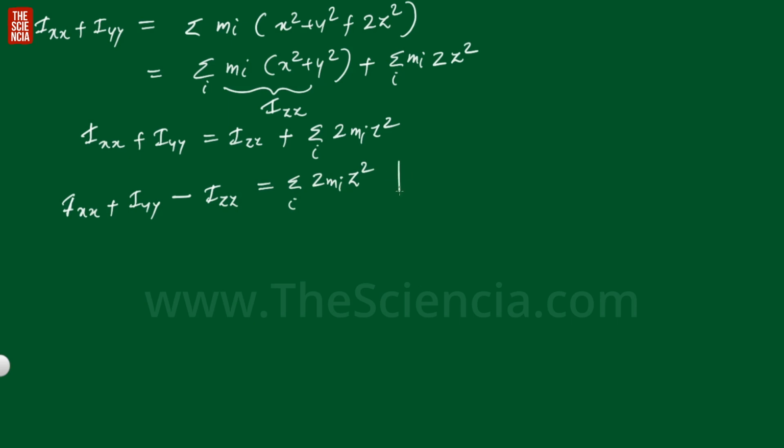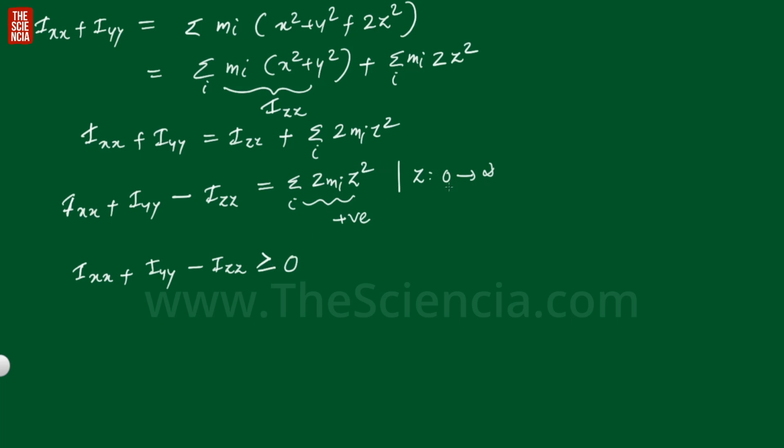And here you know the z value varies from 0 to infinity, so it is always positive. So this term is always positive. So I can say Ixx plus Iyy minus Izz is greater than or equal to 0.